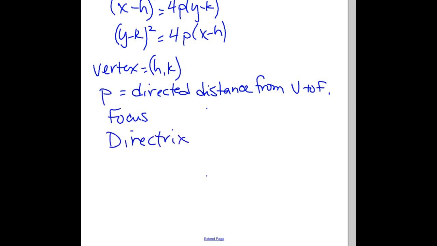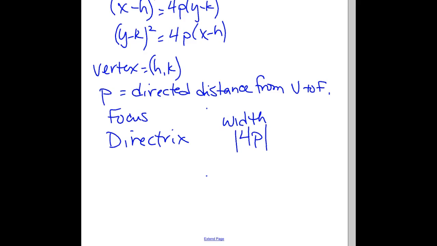Okay, now remember directrix is a line, right? So you're going to give me an equation for a line, x equals something, y equals something, all right? And then how do we know how wide to make it? We need that focal chord, right? So we take the absolute value of 4p.